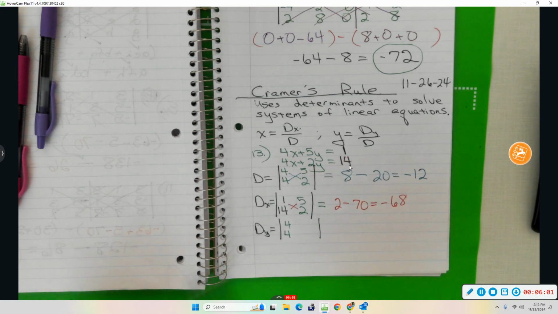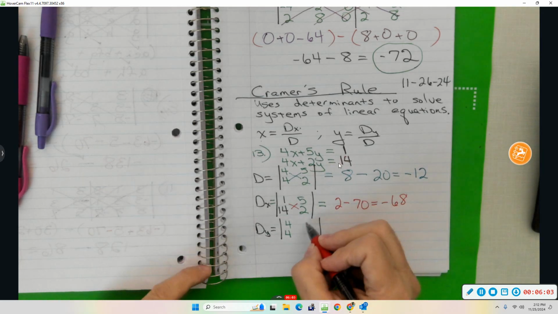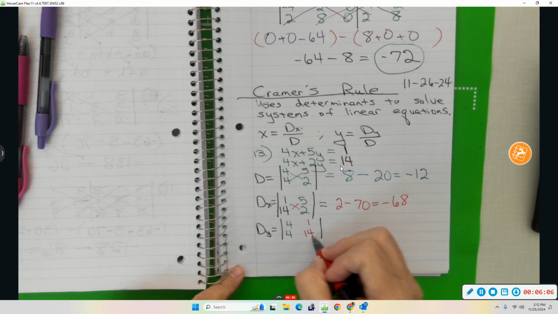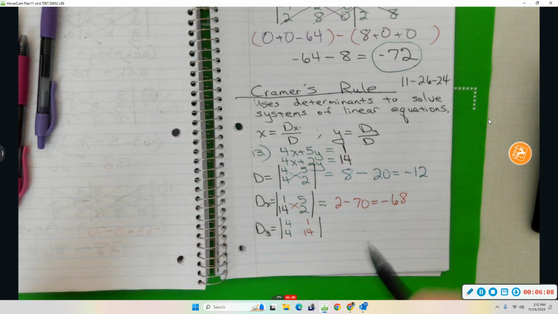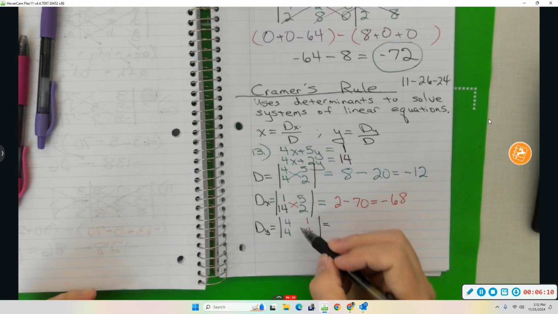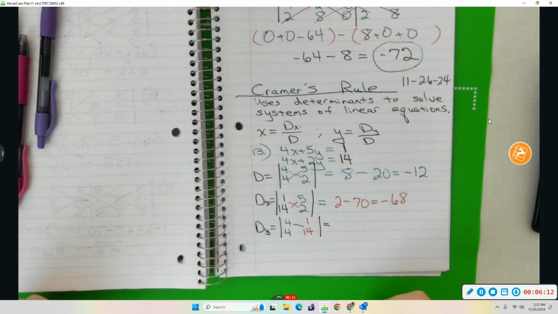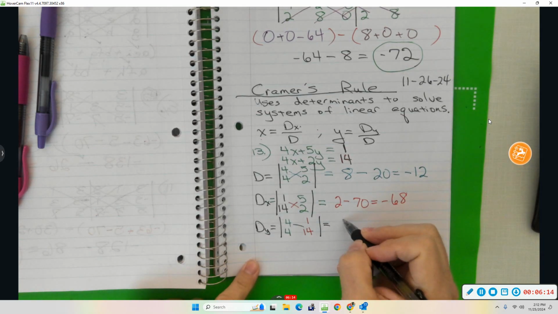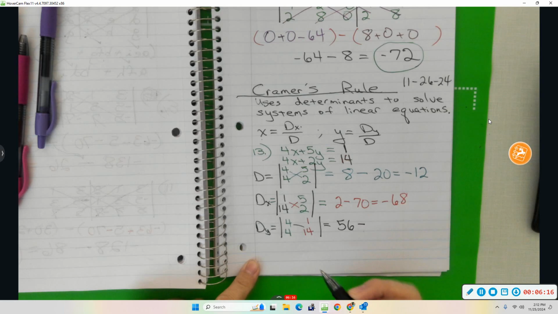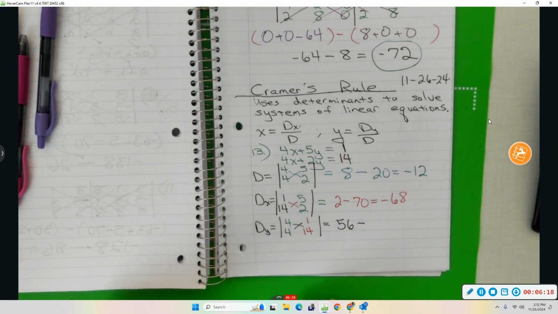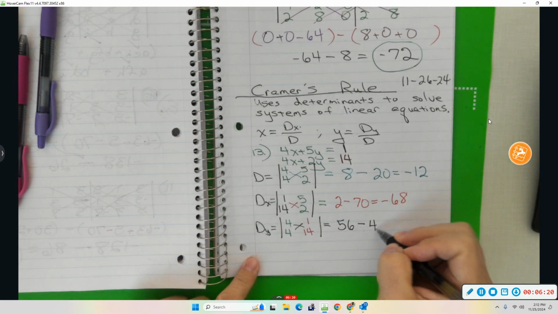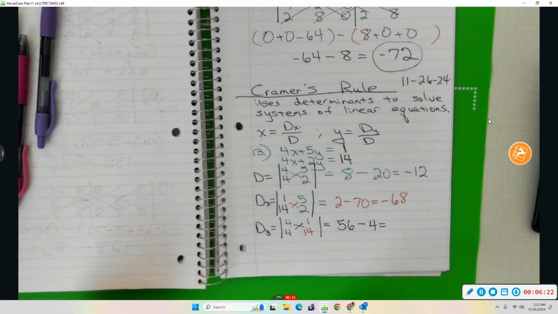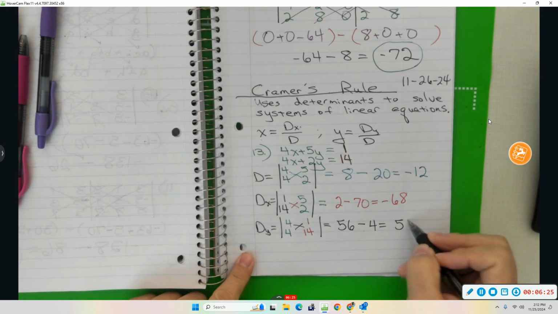In place of that 5, 2, we have a 1, 14, and we multiply 4 times 14 is 56, minus 1 times 4 is 4. 56 minus 4 gives me 52.